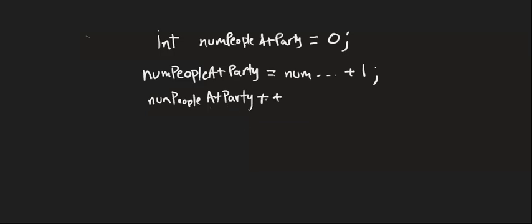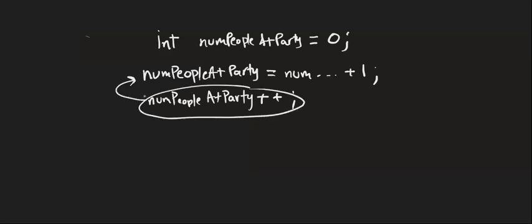So it's just num people at party plus plus. This is the same thing as this. It's going to do the same thing. It's just a nice abbreviation. It's not necessary, as I said before, but it's a good thing to know.